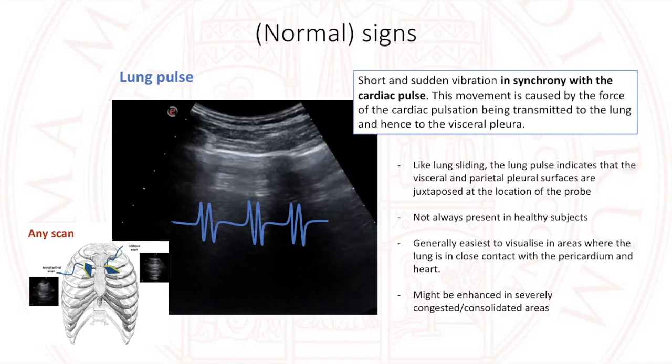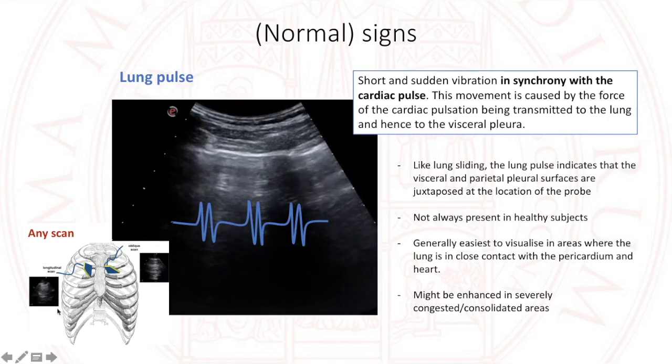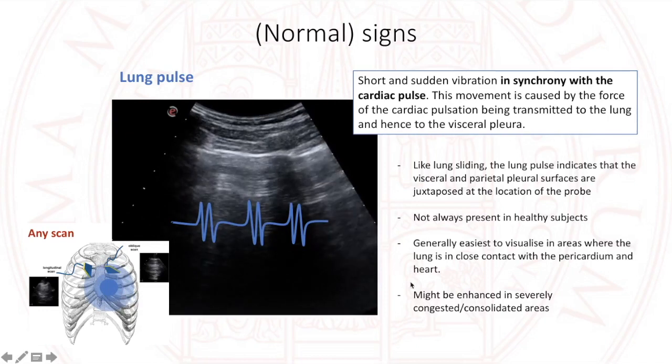Again, if two pleural layers are touching one another, we could see the lung pulse. Lung pulse could not be seen all over the chest. It is best seen on the left chest, of course. It could also be abnormal, since it could be enhanced in case of severely congested or consolidated areas.